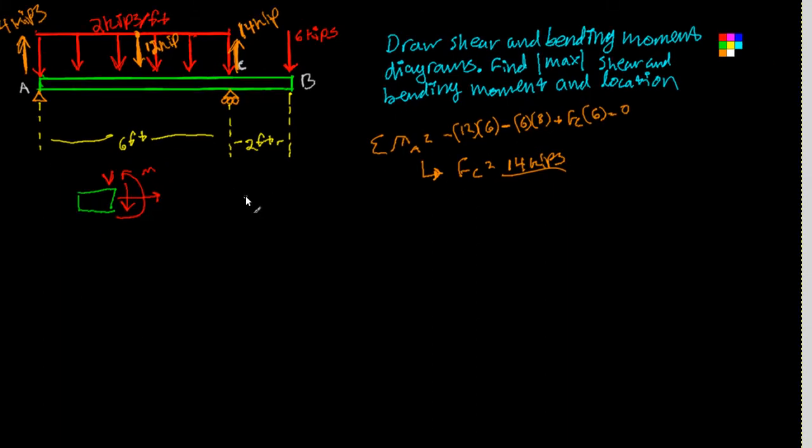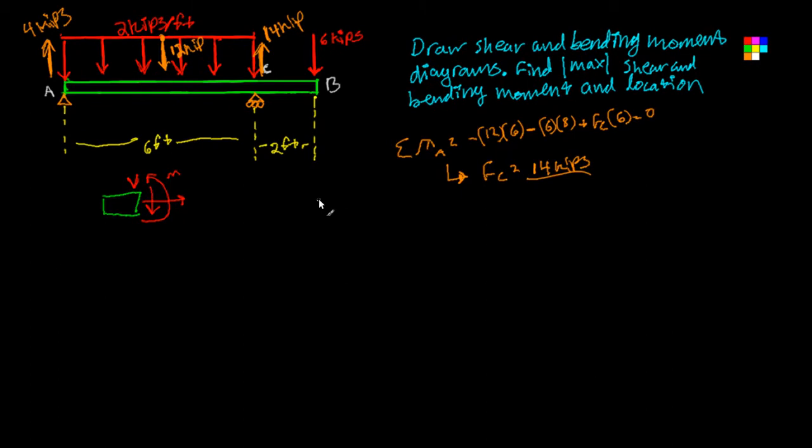Now we can go and write an equation for what we would say our V and our M are. So there's a weird convention that negative shear forces are positive. So let me show you what I'm talking about. So we've got our bar here. I'm cutting it off before we get to the support C. Okay?